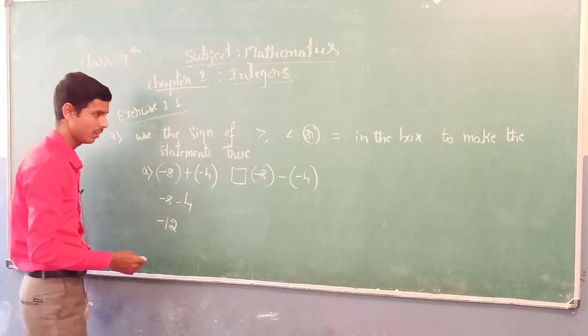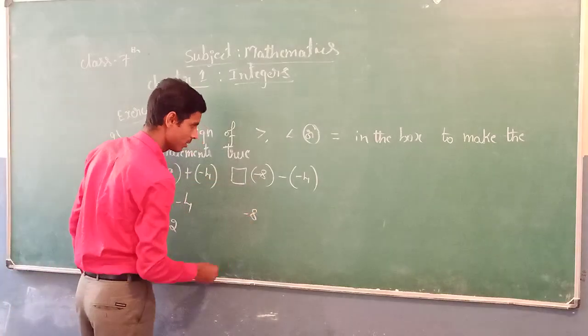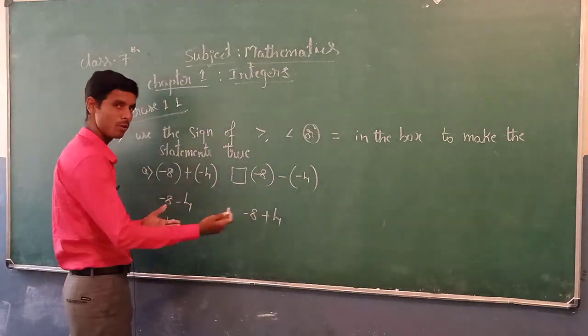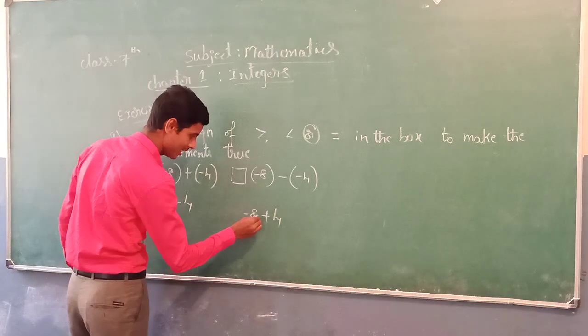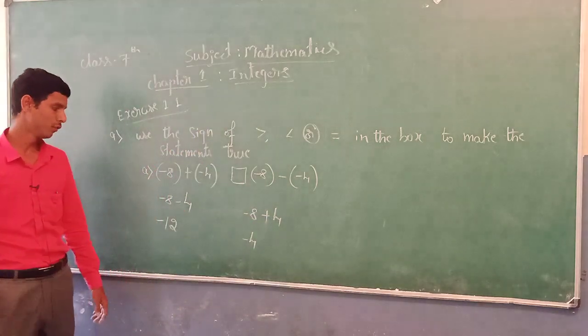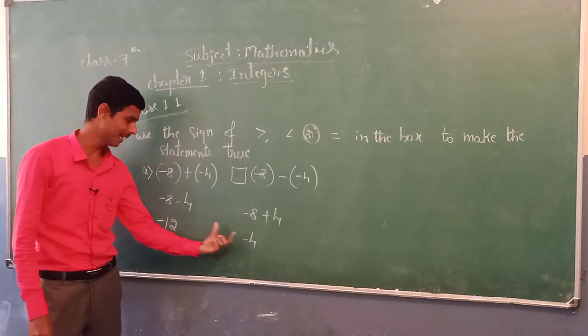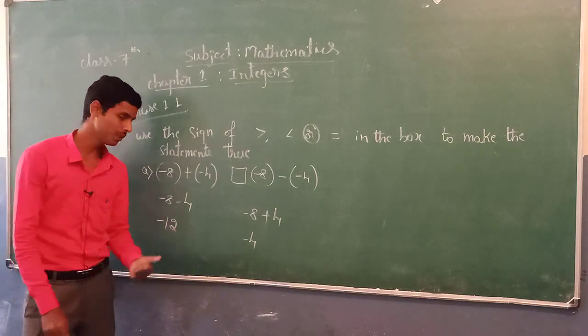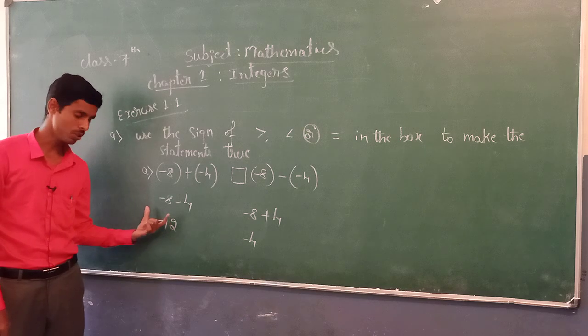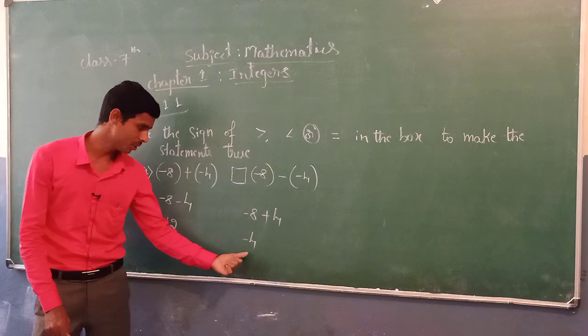Let's see what that side will give. Minus 8 minus of minus is plus 4. When we have opposite signs, we will subtract. So minus 8 plus 4 is minus 4. Here we got both negative integers. We already know that minus 12 is less than minus 4.